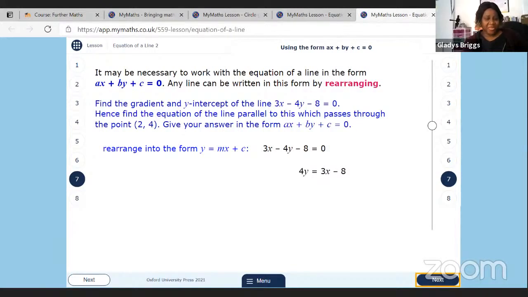Okay, let's see. In the form, by rearranging. Okay, find the gradients and the y-intercept. So what did we get? Okay, let's see. Maybe we continue and get to the end. I said that sometimes they do that. They'll put a question even though they haven't taught it.